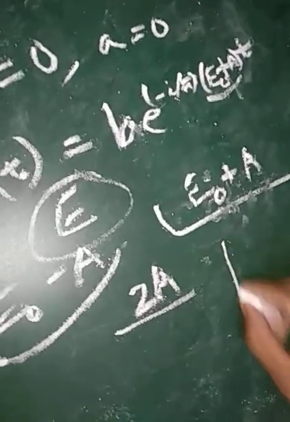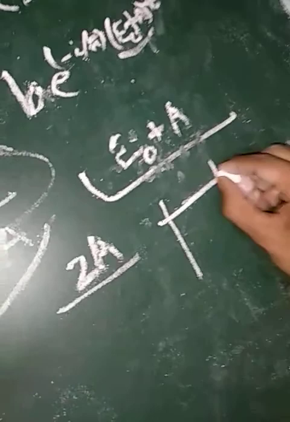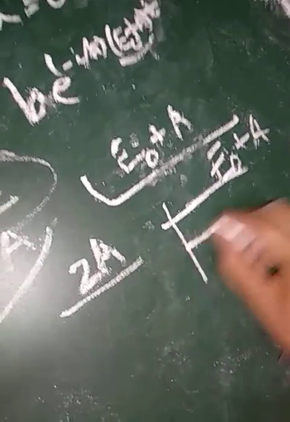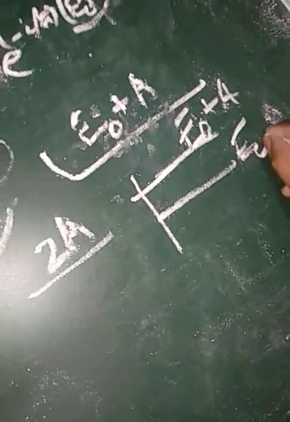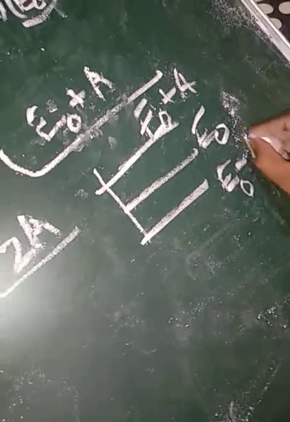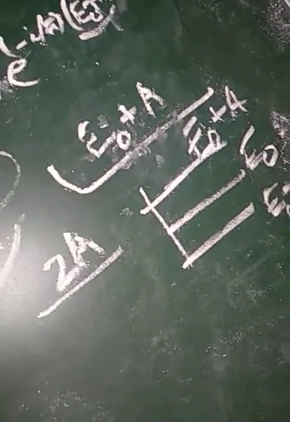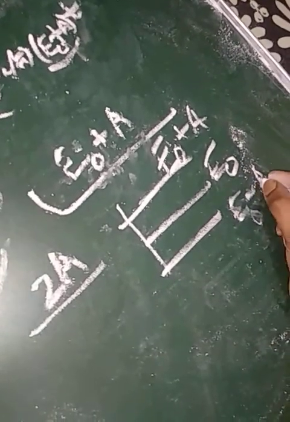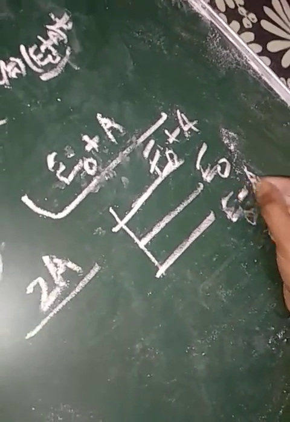E naught plus A right over here, and E naught being here, and this is E naught minus A. So now E naught is a thing which you can take arbitrarily almost.